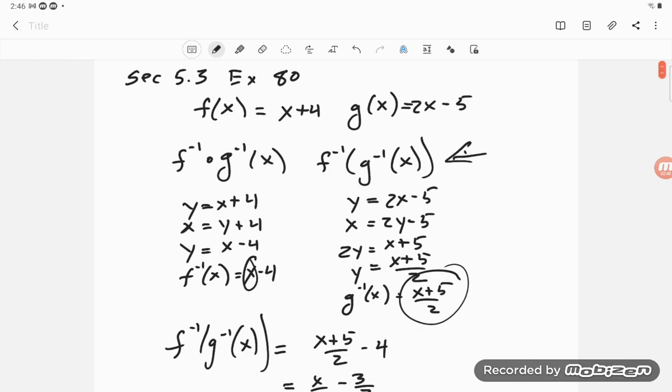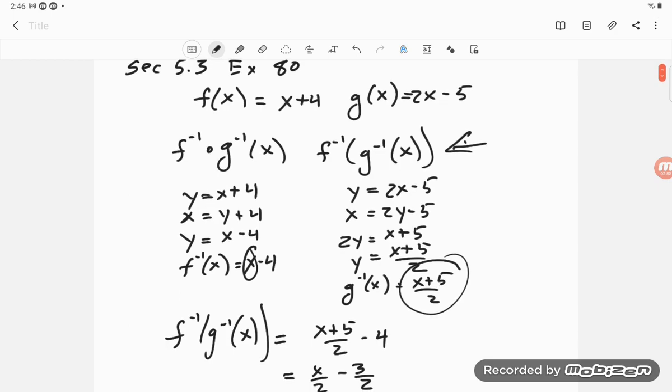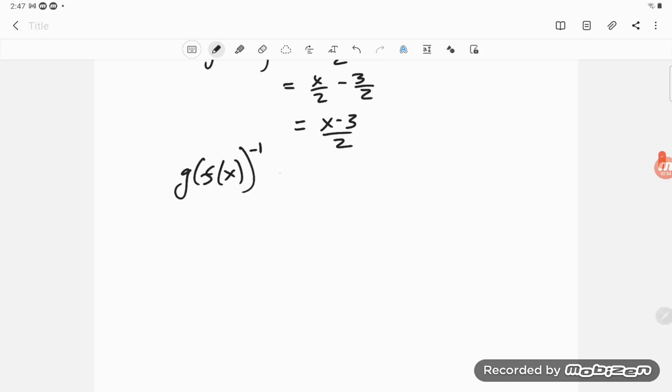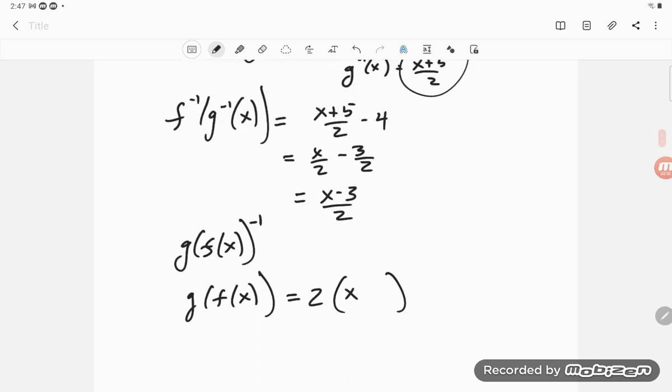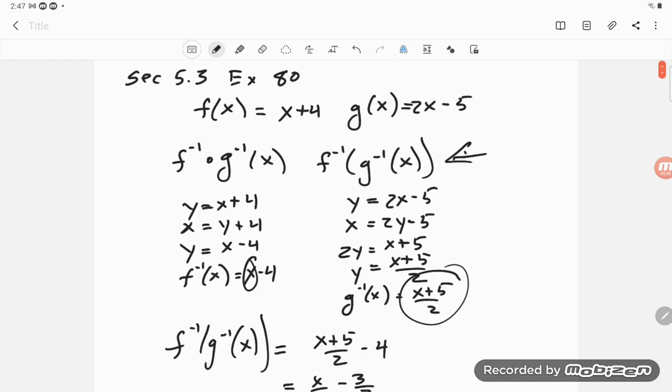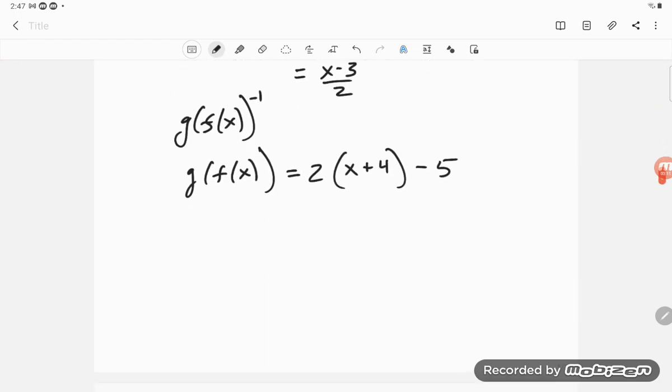If I do that, that's the 2x minus 5 and the x plus 4. So g of f of x is 2 times (x, was that minus or plus?) plus 4, and then minus 5. Yes, okay. And so that's 2x plus 8 minus 5 is minus 3.